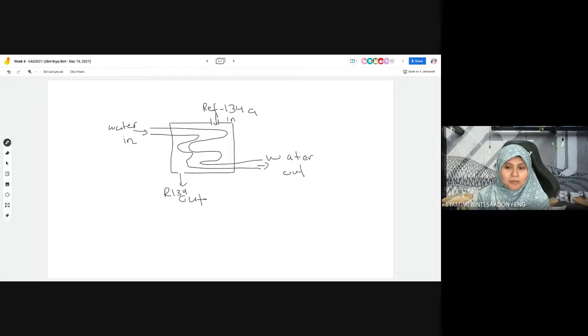This is what happens in the condensation process. Now, what was it? The refrigerant enters the condenser at 1 megapascal.